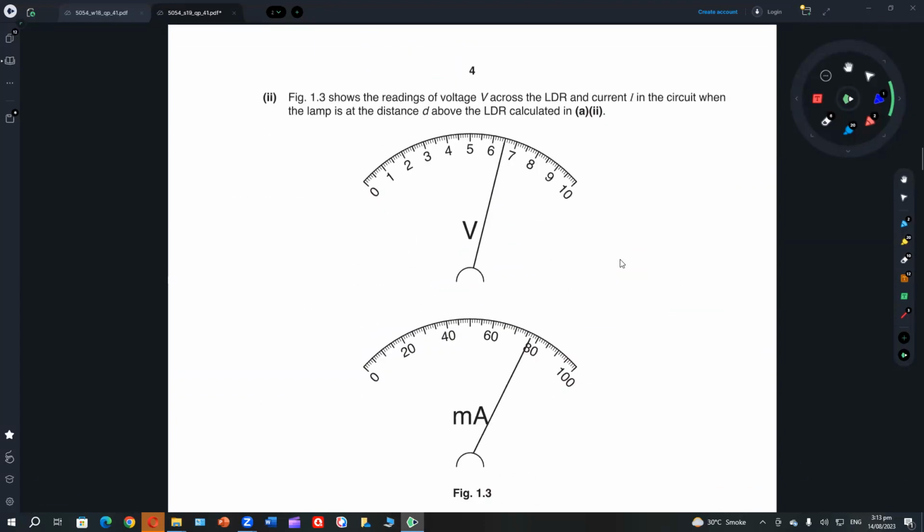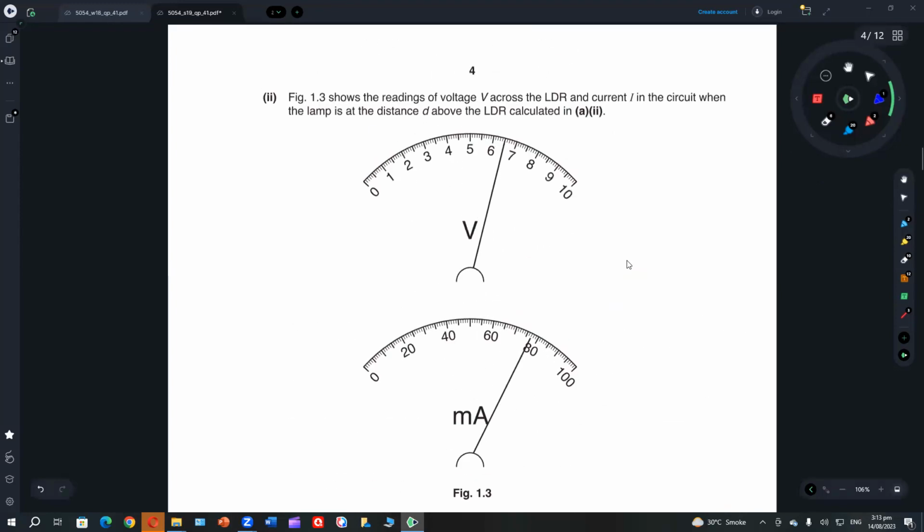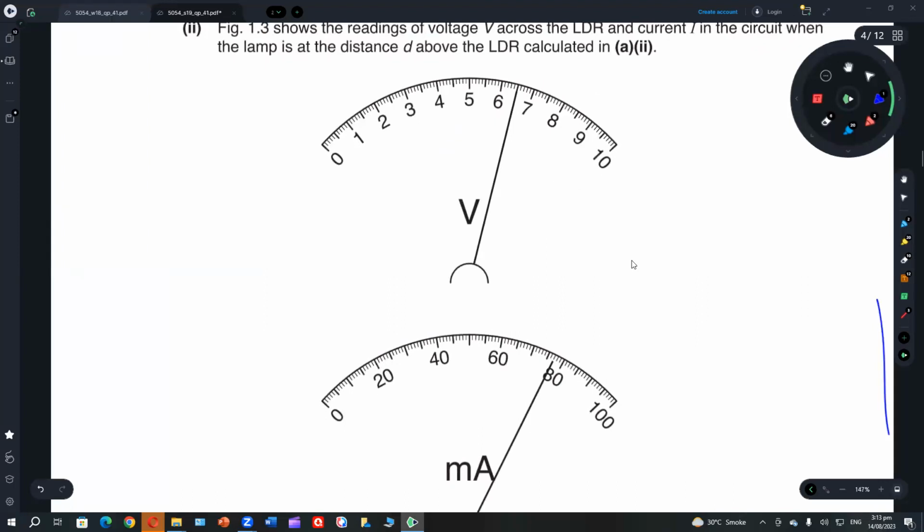The figure shows the reading of the voltage across the LDR and the reading of the ammeter. Record the reading of voltage and current. So first read the voltage. It is 6.5, right.